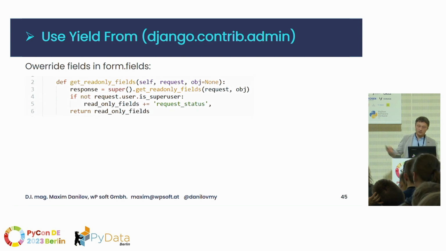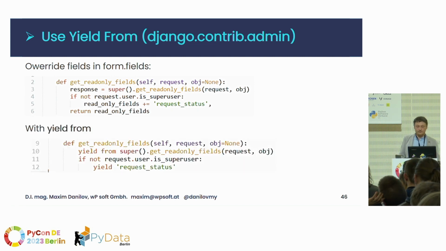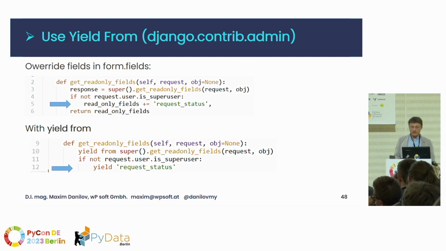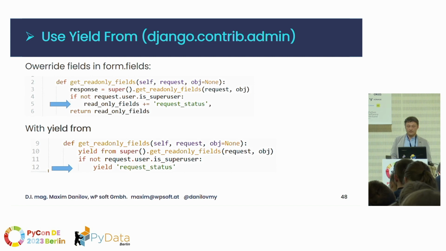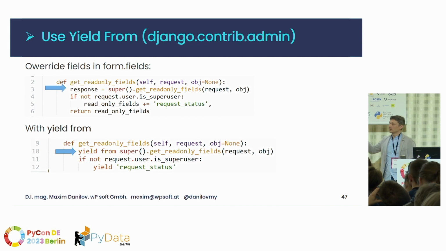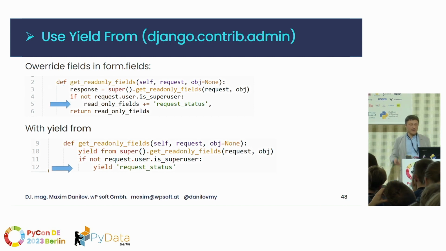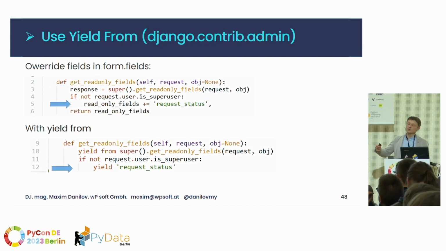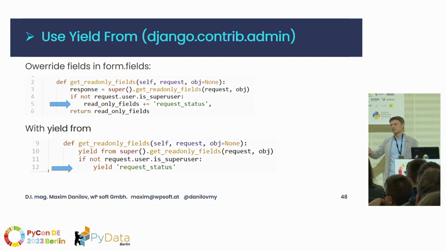And how it works. On line 3, we create some list. On line 5, we add some value to this list, and we return it. With yield from, I can simply yield from the super call, and after that, I can additionally yield the next value.